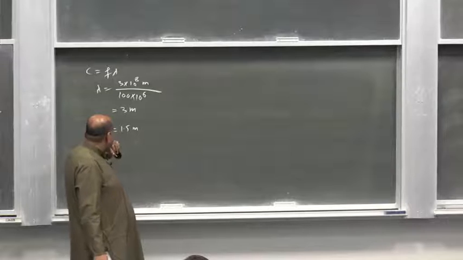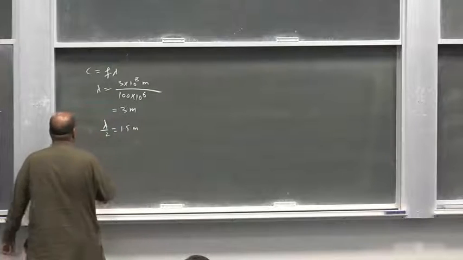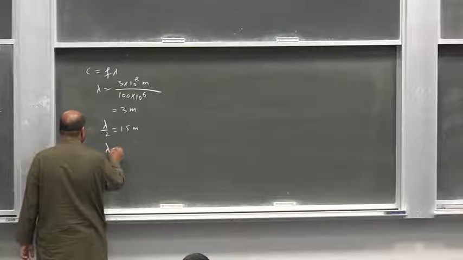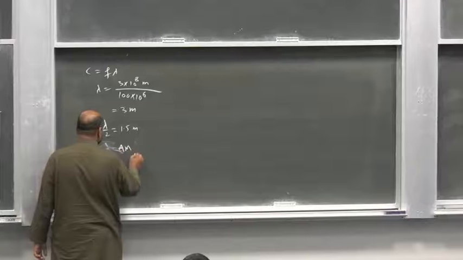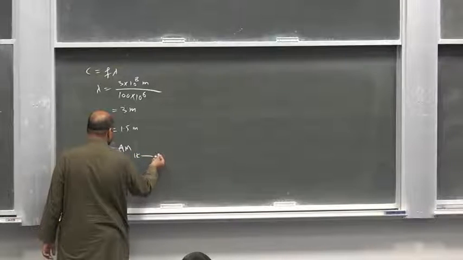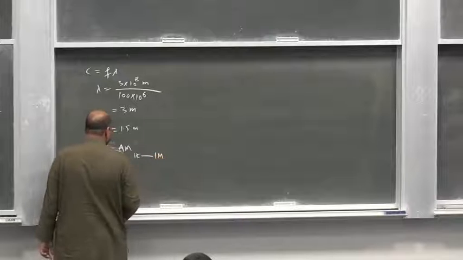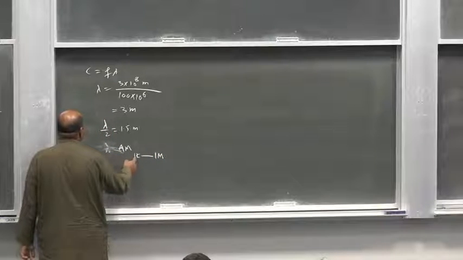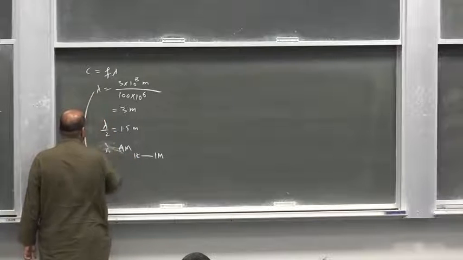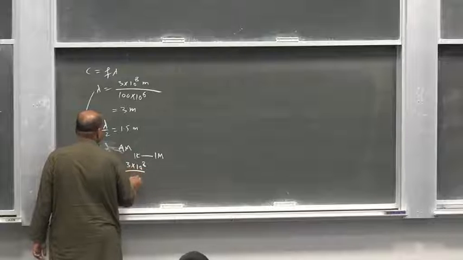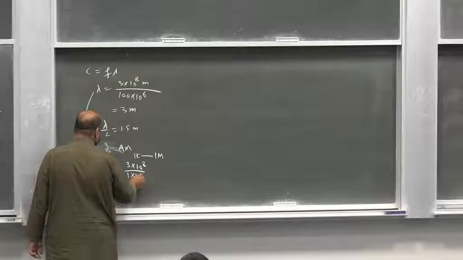If you are transmitting, let's say, AM radio stations, AMs work from anywhere from, let's say, 1 kilohertz to 100 or 1000 kilohertz, so let's say 1 megahertz. So at 1 kilohertz, lambda is 3 times 10 power 8 divided by 1 times 10 power 3.